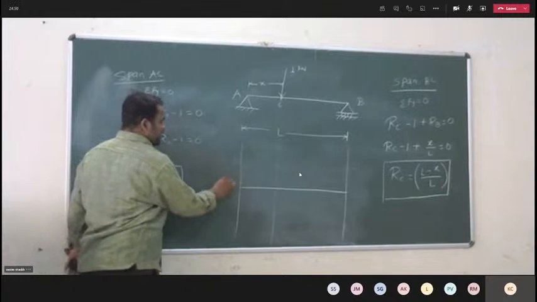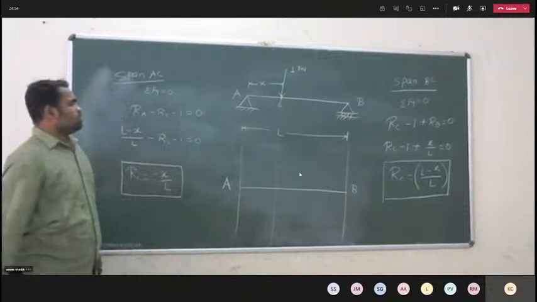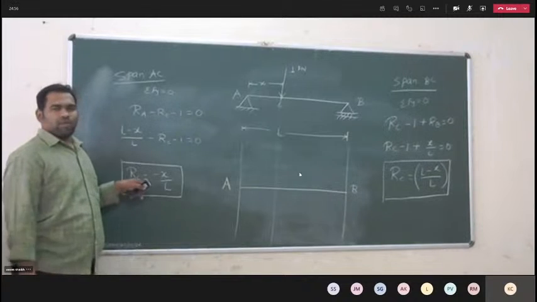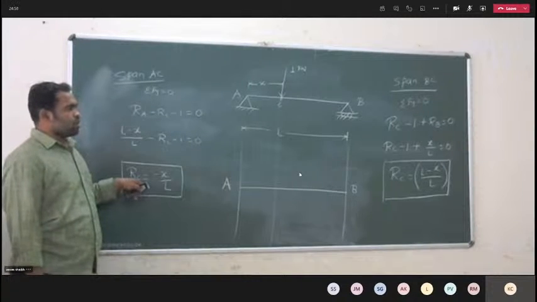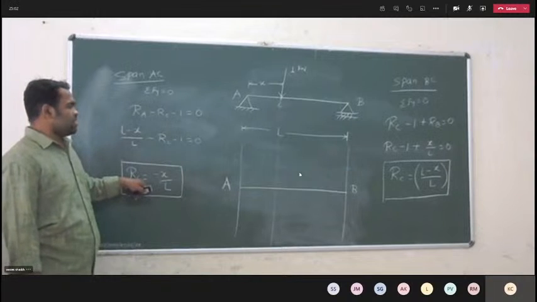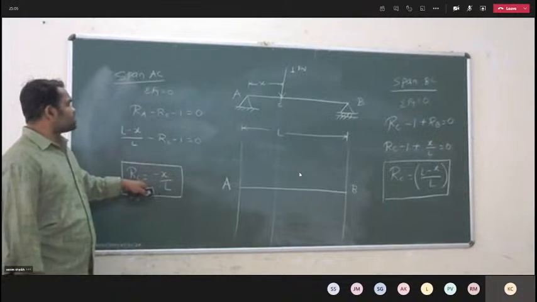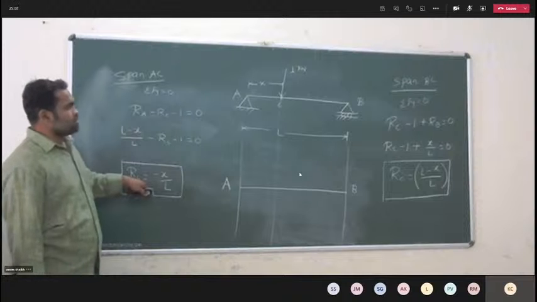This is support A, support B. Now we have to consider only the value of RC, because we have to draw the ILD for shear force at section C. So we consider the value of RC for the left side AC portion and the BC portion.